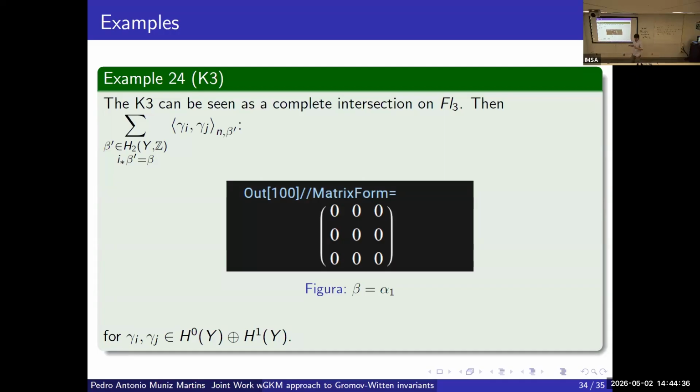It's possible to consider all the cohomology of Y, but the problem is that by the Lefschetz hyperplane theorem, there is an isomorphism between the cohomology of this guy and the cohomology of this guy for p less than n minus 1.